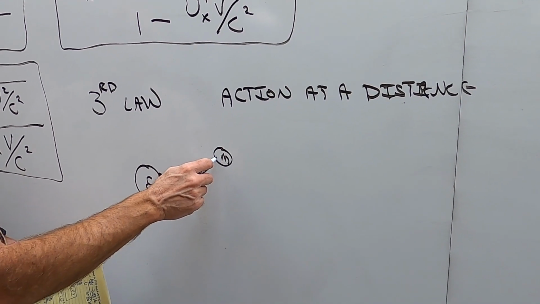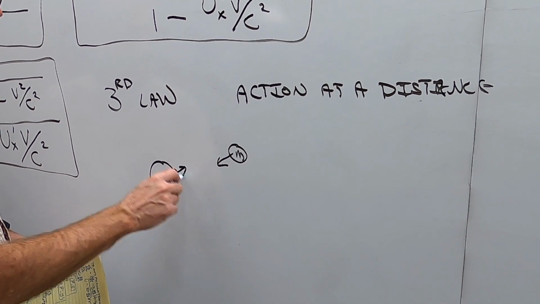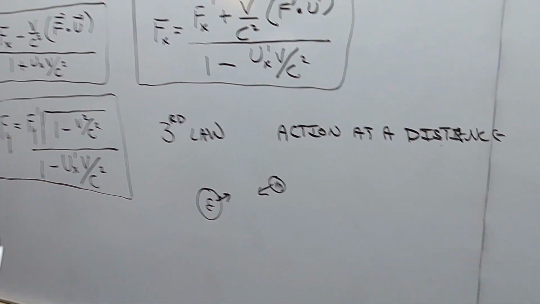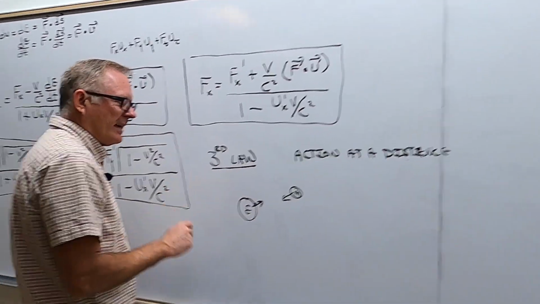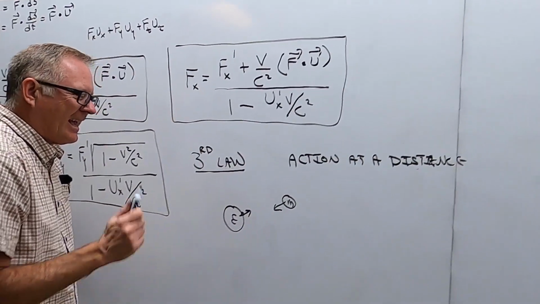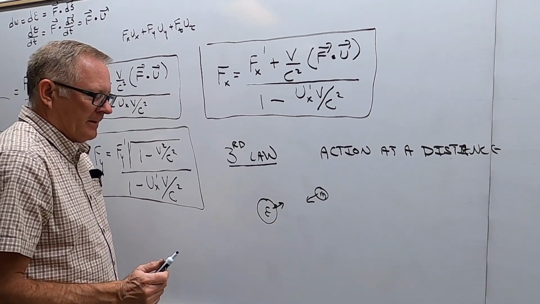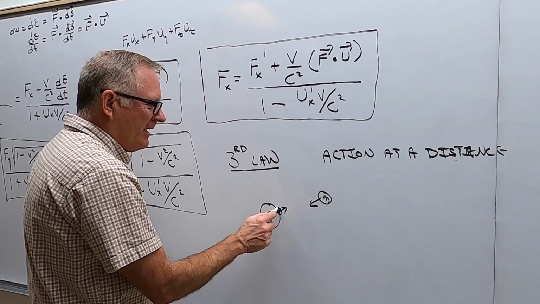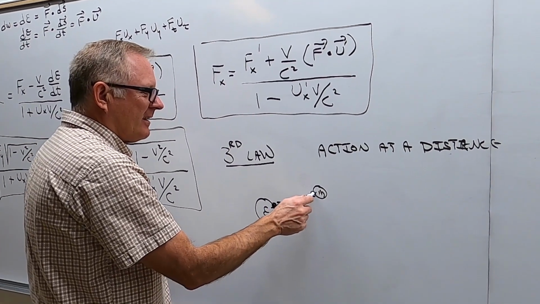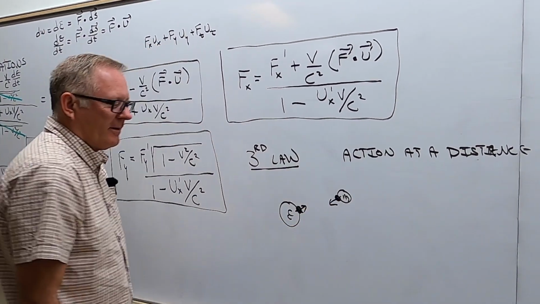And we said before that the force on this should be the same as the force on that. But when you're looking at Newton's third law, they mean for every action there's an equal and opposite reaction at the same time. And we know from relativity that the time here is not necessarily the same time over there.